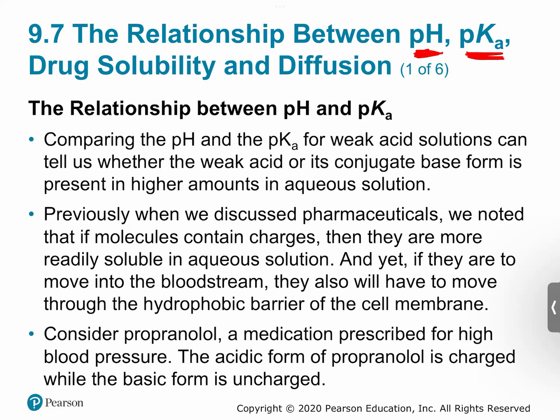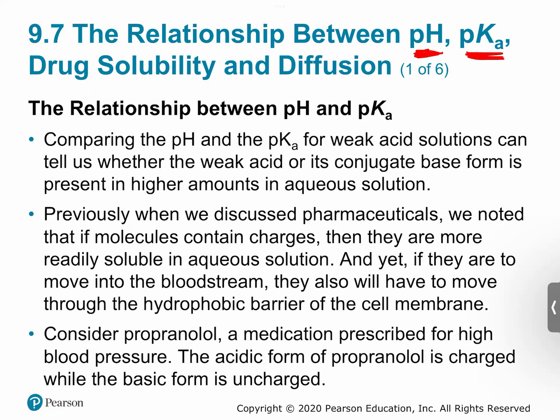That's how the drug is active. So how are you going to do that? Well, there's this drug, propranolol, a medication that people take for blood pressure, to lower their blood pressure and maintain less of a high blood pressure.